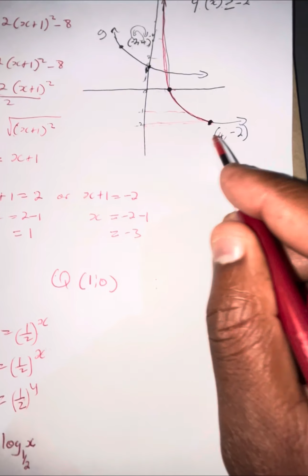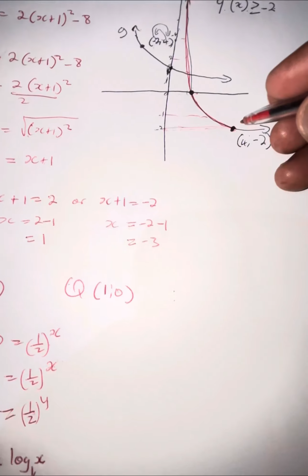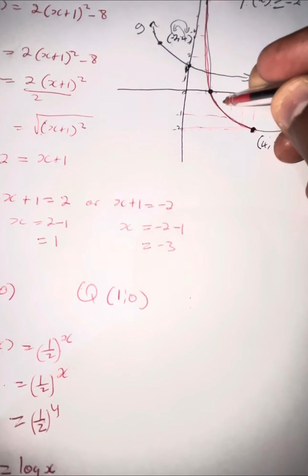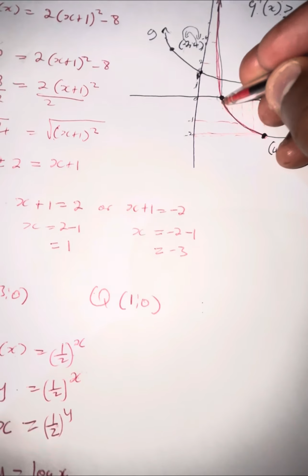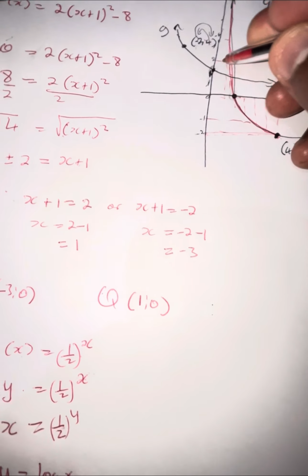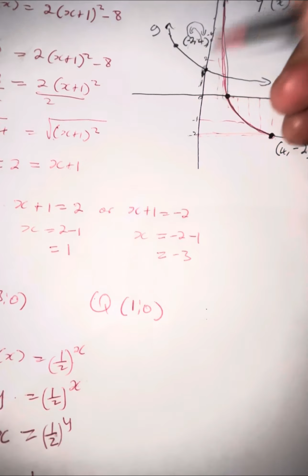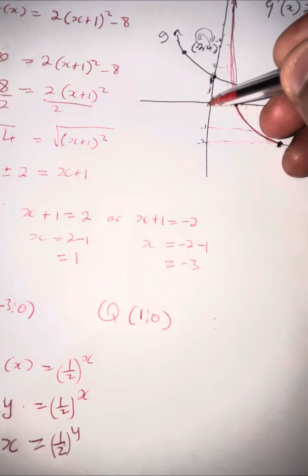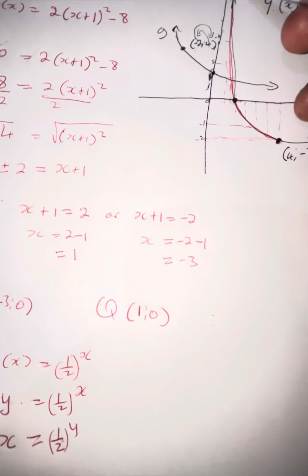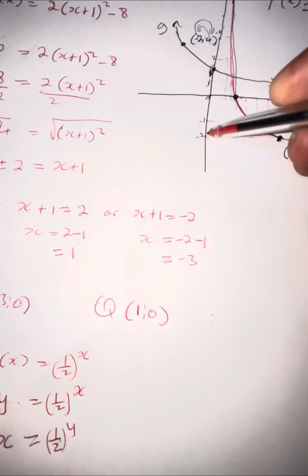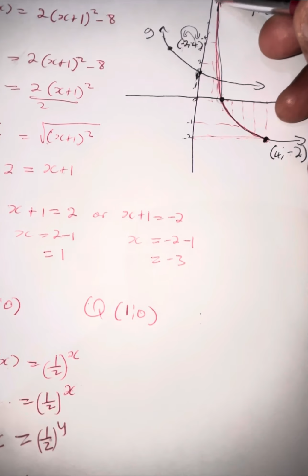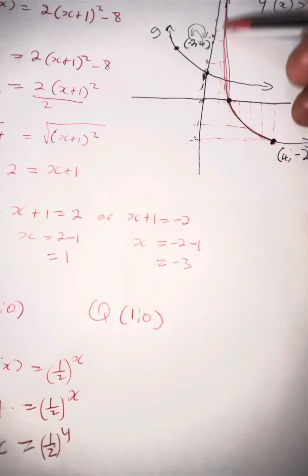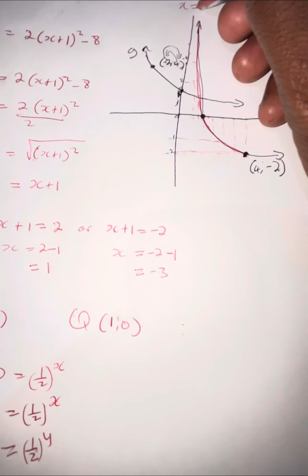So since we are checking the x values, it means we check the x values from 4 going backwards, just like that. Going backwards. But our x values will never touch the what? The 0 for x. Because this line here from the Cartesian plane is the y-axis. But now it becomes the asymptote of x, which is x equals 0.